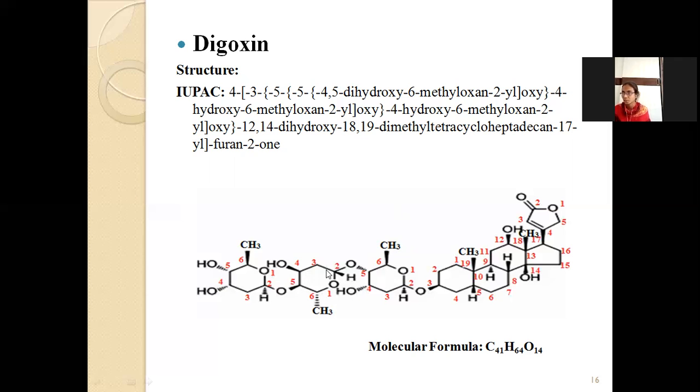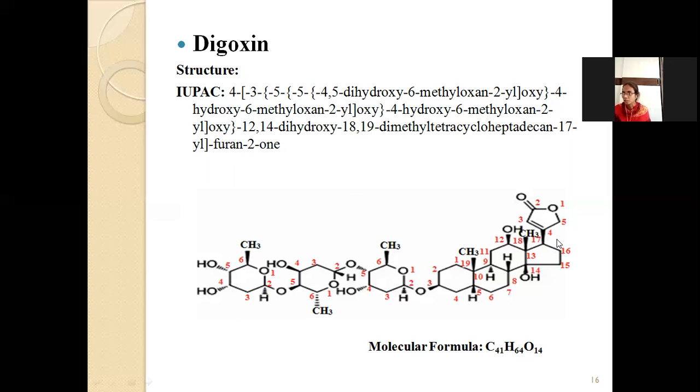Here another oxane structure is there, with methyl in the 6th position and hydroxy in the 4th position. Again at the 5th position another oxane structure is attached, with methyl in the 6th position and 4th and 5th position hydroxy. How many? Two. That is dihydroxy-6-methyl oxane.